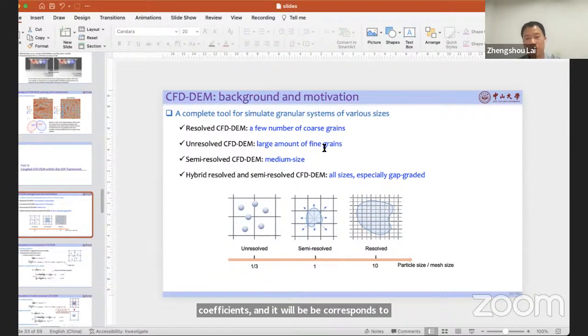And also, recently, we are exploring the machine learning approach to describe the particle shape. In computer graphics, they use something called DeepSDF. They use an artificial neural network to infer, like a black box, the signed distance of each point.